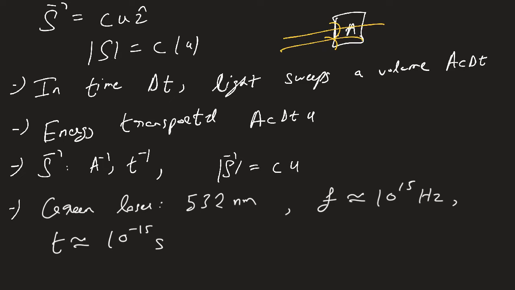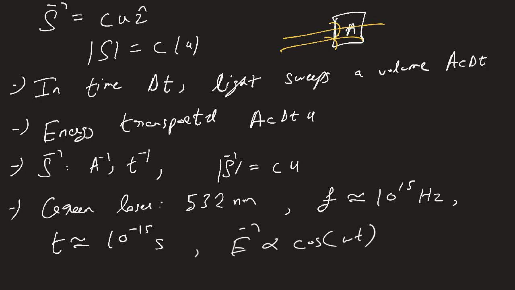So when green laser light hits a wall, the electric field vector, the real part of which, as we saw, is proportional to cosine of omega t, is tracing out a cosine at basically femtosecond time scales, at petahertz frequencies.